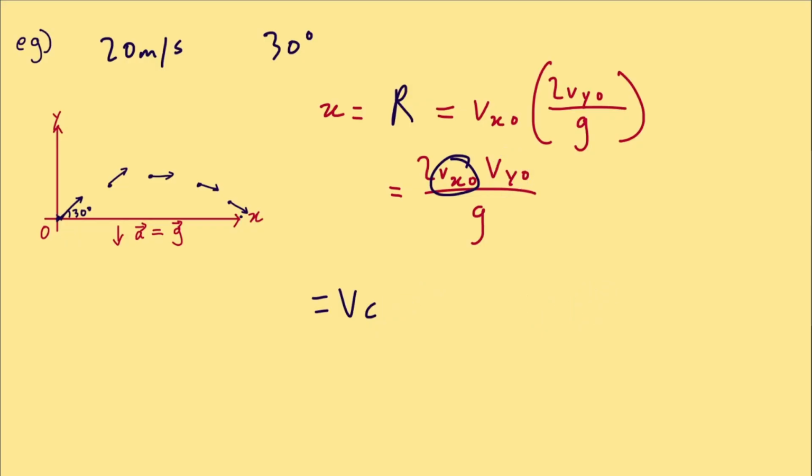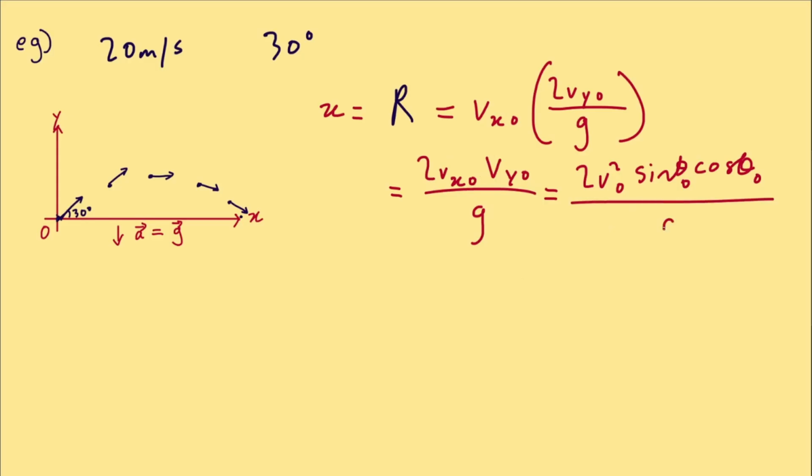So that means it can be written as 2 initial velocity squared times sine times cosine. And remember, that comes from the formula for the x component and the y component. This divided by g. If you remember your trig, then you recognize this as an identity. So in the end, we can write it as R equals initial velocity squared times sine 2 theta over g.